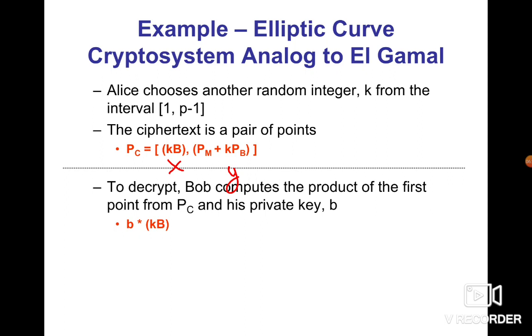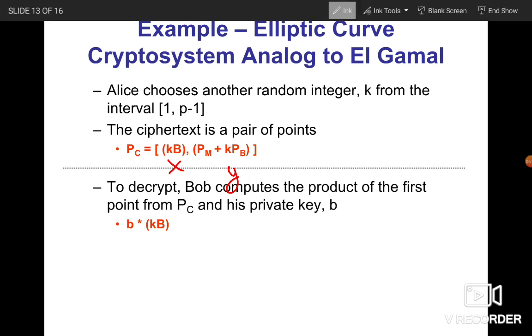To decrypt the message, Bob computes the product of the first point from PC, that is the cipher point, which is transmitted to the receiver. At the receiver end, Bob computes the product of the first point, kP, and his private key b. This is the first step.